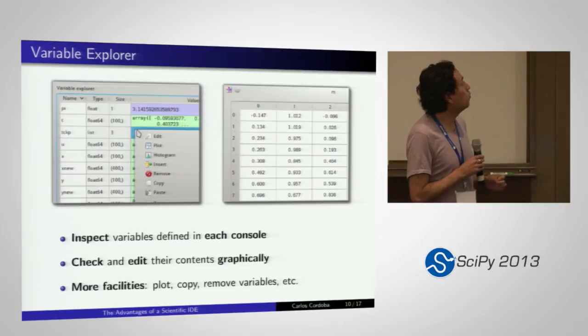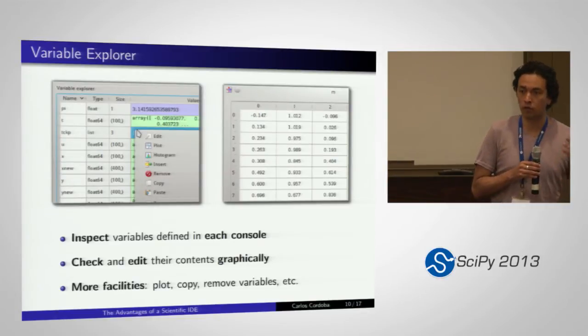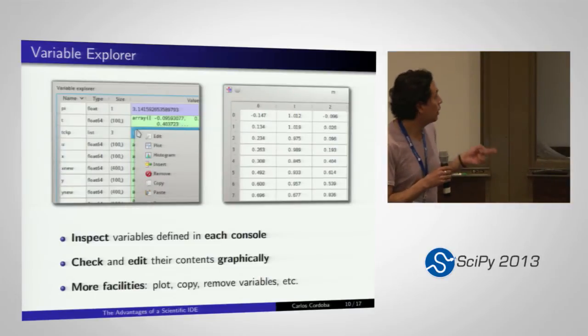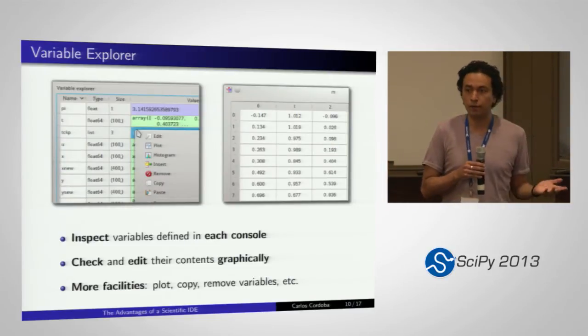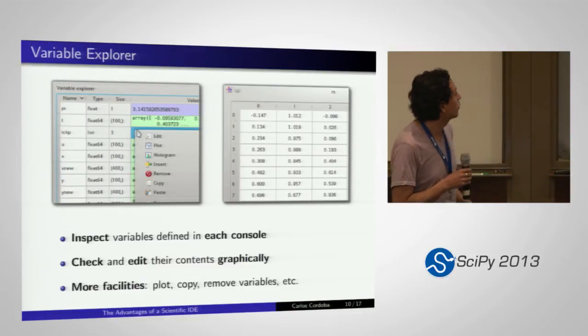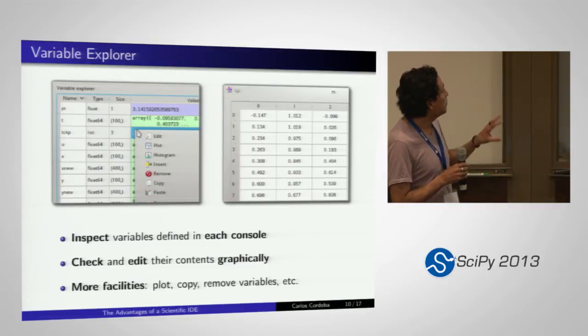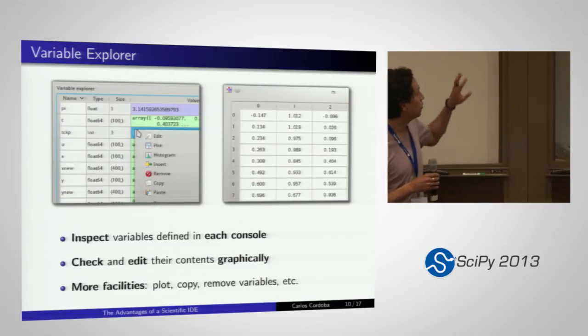Besides, we also have a thing called a variable explorer, or in other programs a workspace, where the user can see the variables that are defined in his current console, as can be seen in the picture on the left. And he can inspect those variables.